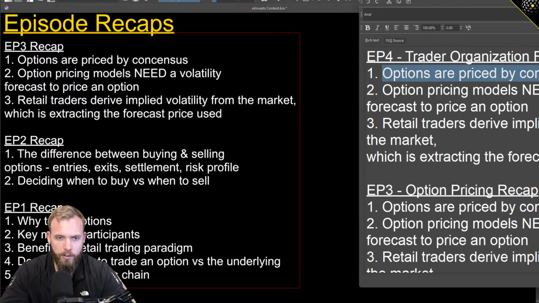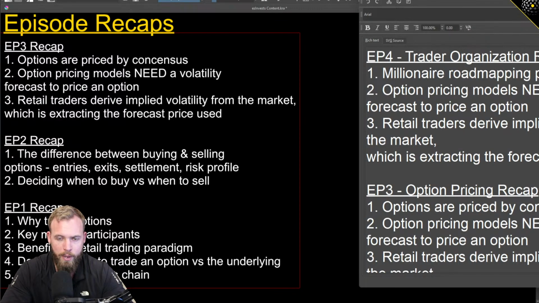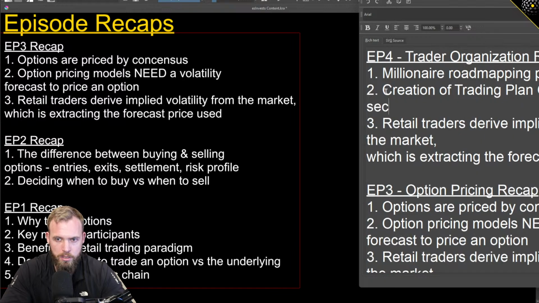So now what we learned: we figured out how to create our own millionaire road mapping process. The creation of a trading plan, outline, and key sections.